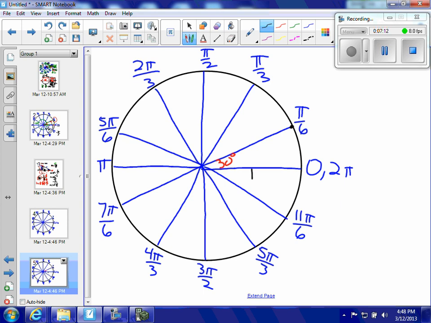Remember that? My radius is 1. So I'm going to drop a little perpendicular line right here so that I've made a right triangle. This is a 30, 60, 90 right triangle. I think you can see it. I'll just draw it in a little bit darker here.